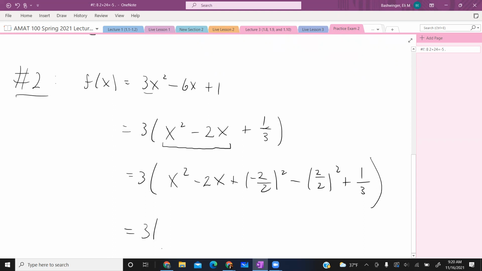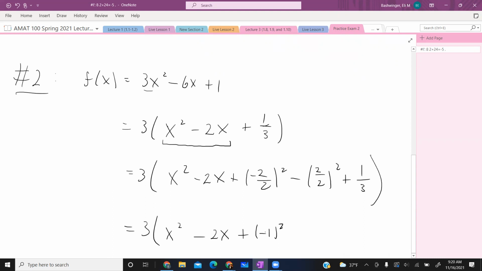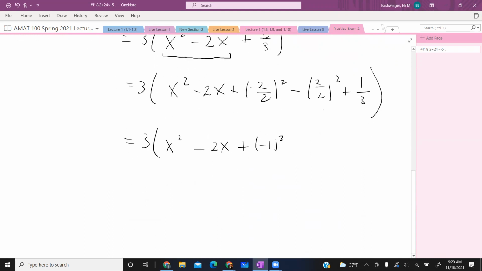This right here will be -1, and so let me just write it out. So we get plus (-1) squared. I don't want to square it yet because then it won't be clear how I'm factoring this. Oh, sorry, there should be a negative here. This I will square and cancel the negative.